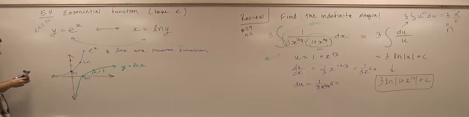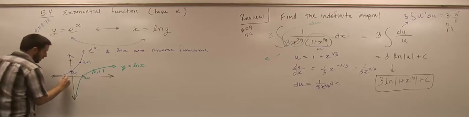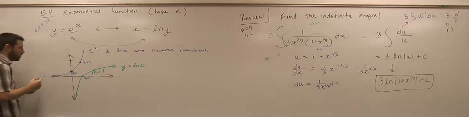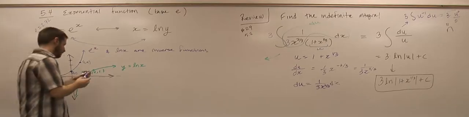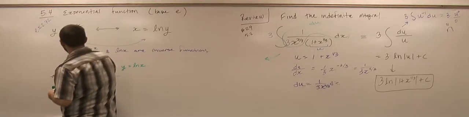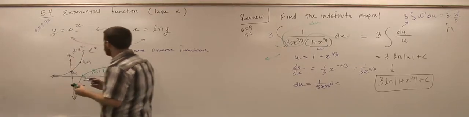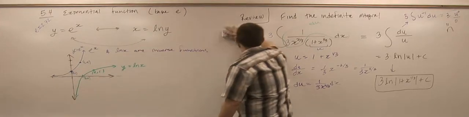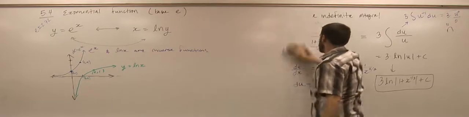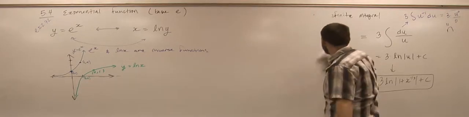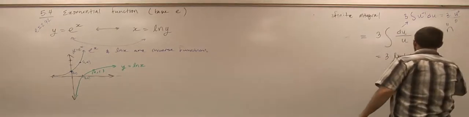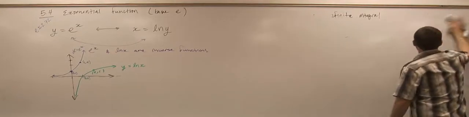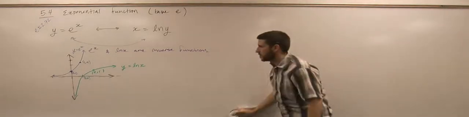So e to the x has a horizontal asymptote here. So there's a picture for you of e to the x. Concave up, always increasing, horizontal asymptote at 0.